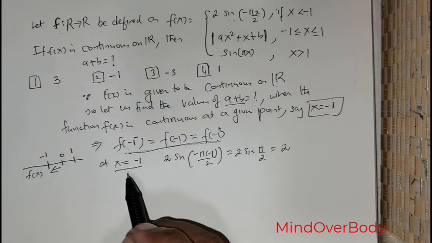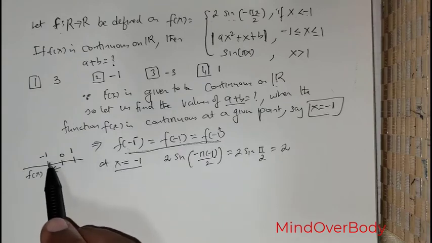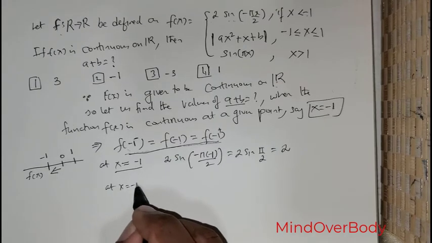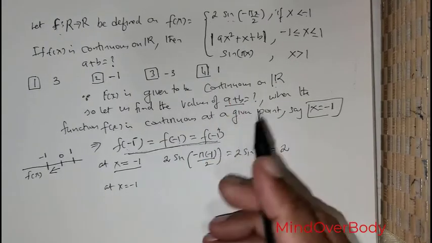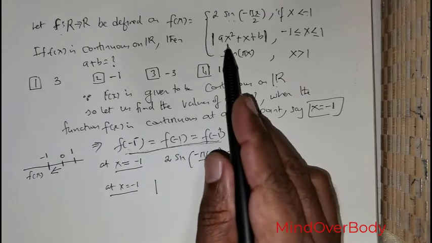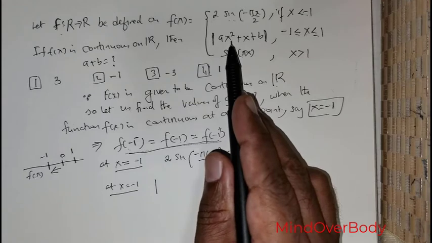It's the same limit. An important observation is that we are looking at a function where x is actually on the other side. So at x equal to negative 1, in this case we will have to take the value for the function that is represented here.